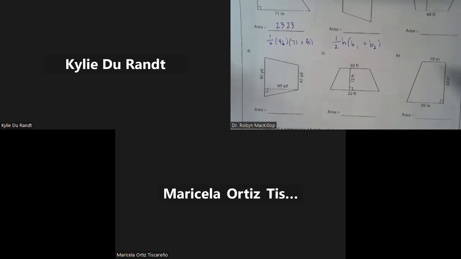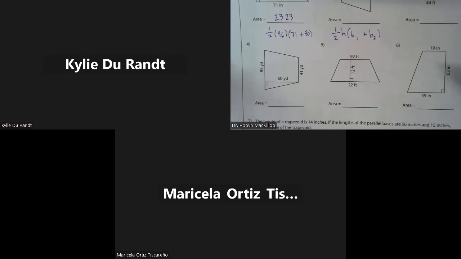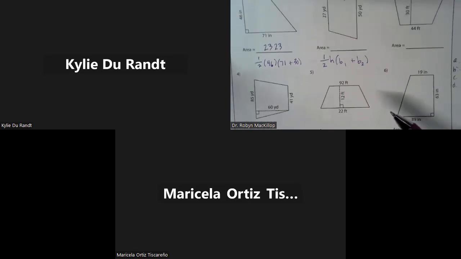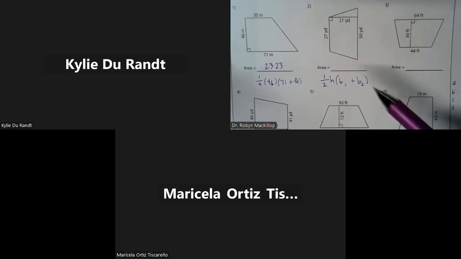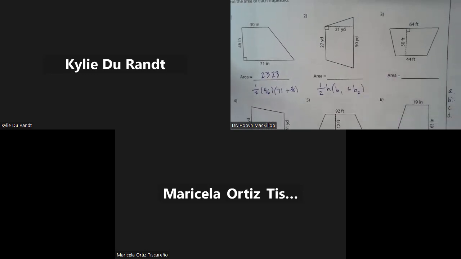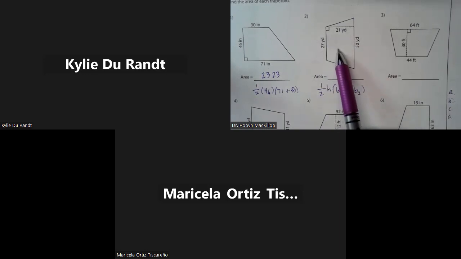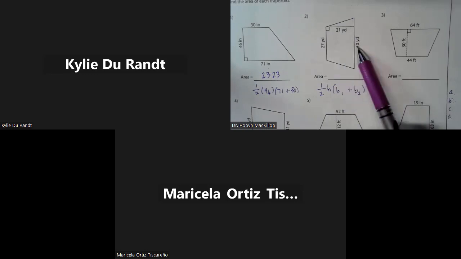All right, let's do another one of these. Let's do the sideways one. Let's do this one. So they gave us the height, even though it's tipped over, and that's fine. Our 2 parallel lines are the 27 and the 50.